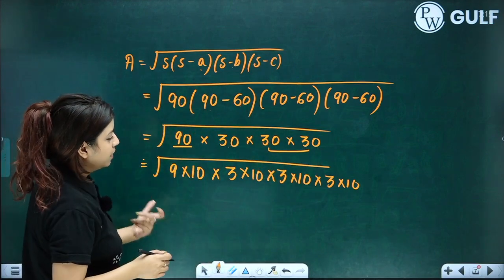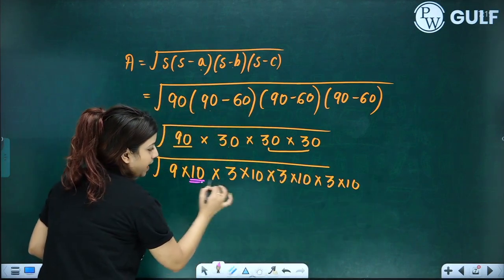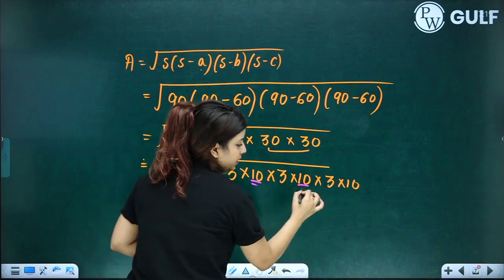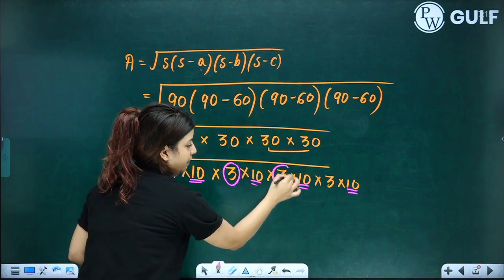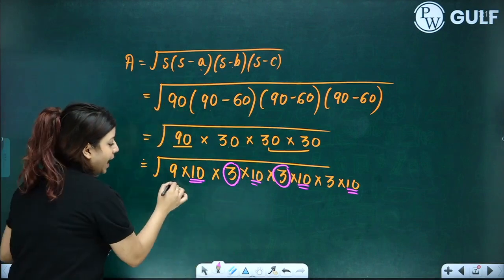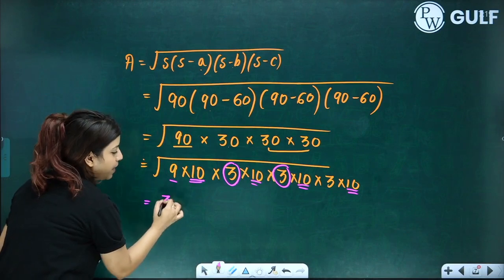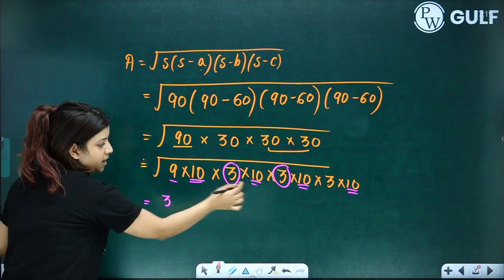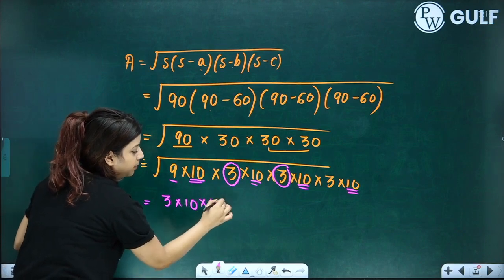From here, we can clearly see that this 10 and this 10 can come out. This 3 and this 3 in a pair can come out. And 9 itself can come out as 3. So what we have outside the root is, from this 9, we have 3, and two 10s outside the under root, right?